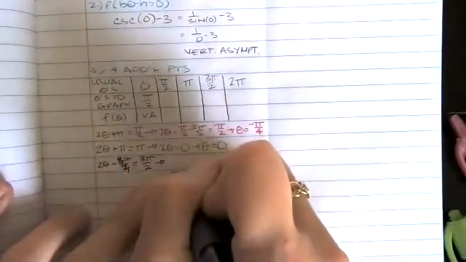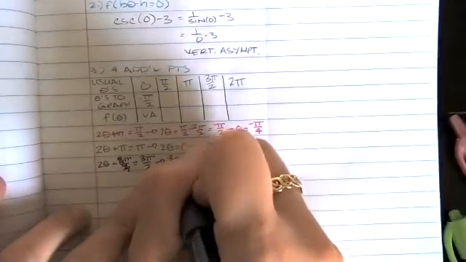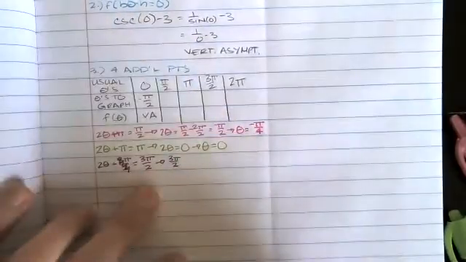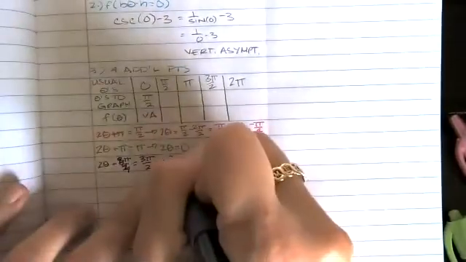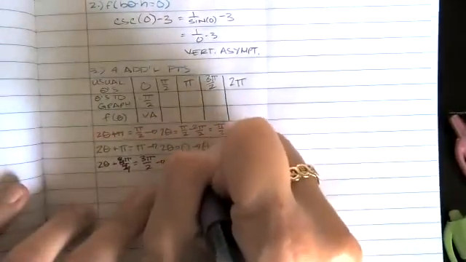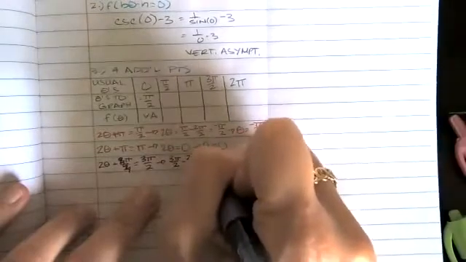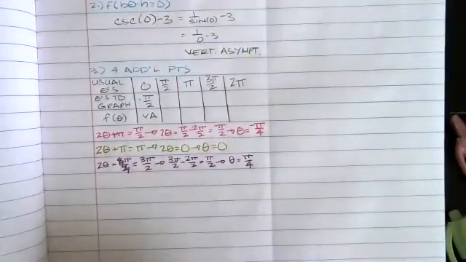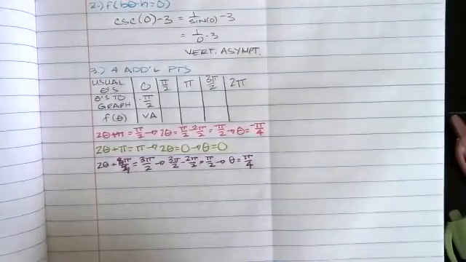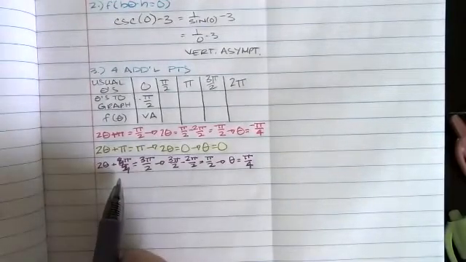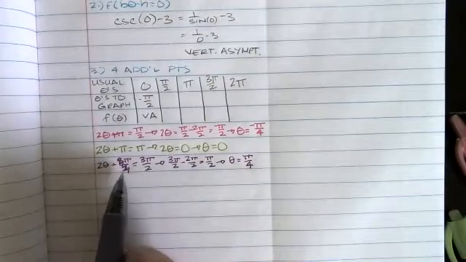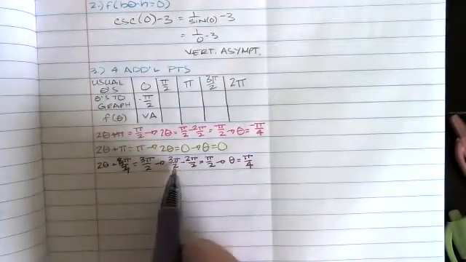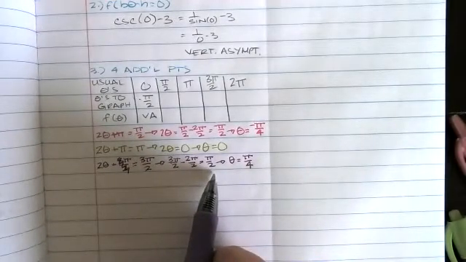So 3 pi over 2 minus 2 pi over 2 equals pi over 2. And when we divide by that coefficient of 2, we have theta equals pi over 4. Yeah, okay.